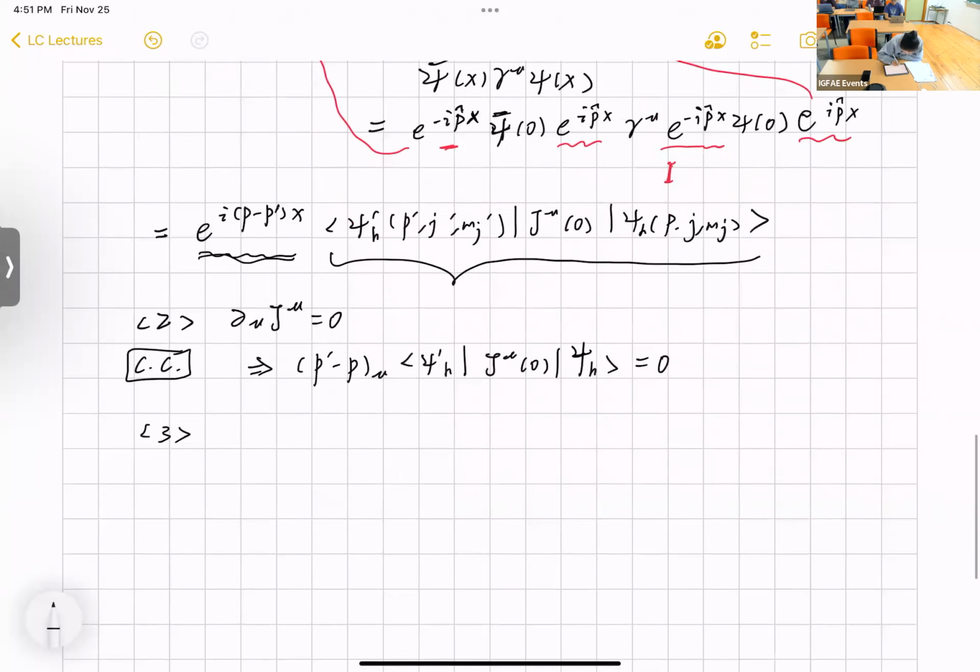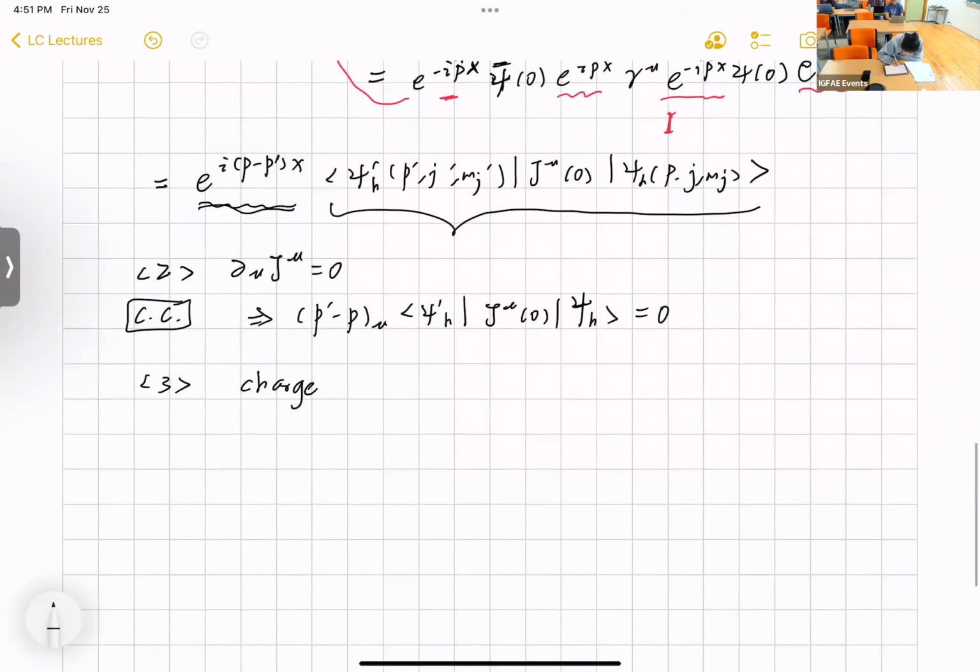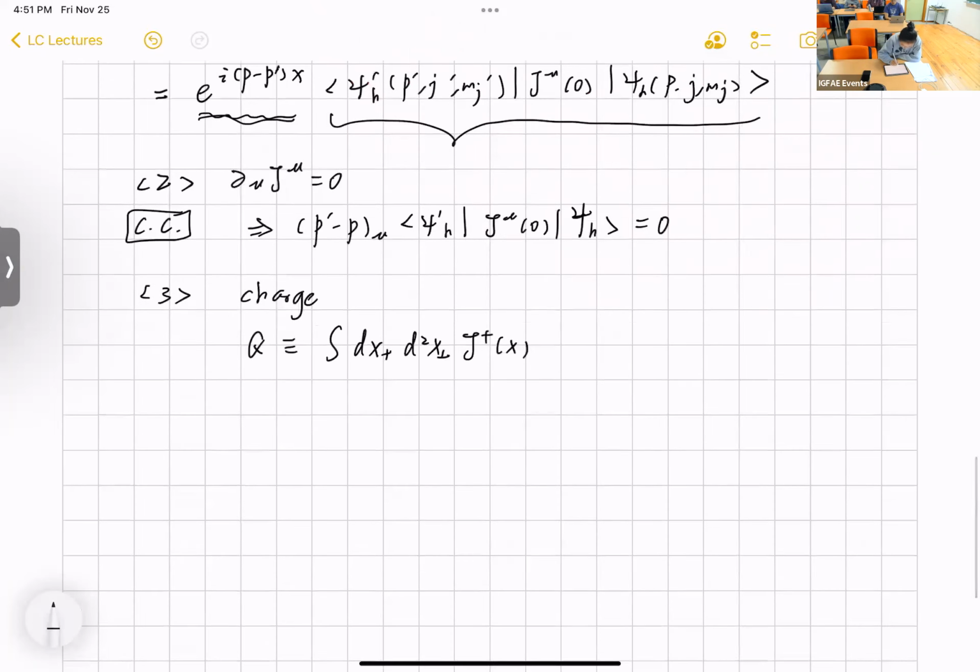The third property is about charge. If you still remember in the first day in Guillaume's lecture, he said that on the light-front dynamics, the current that gives the charge is the J plus. So we define charge as the integral of J plus over the space.